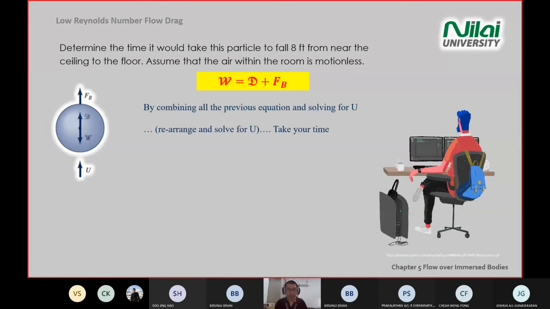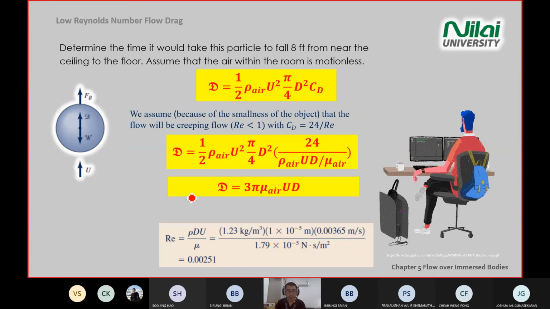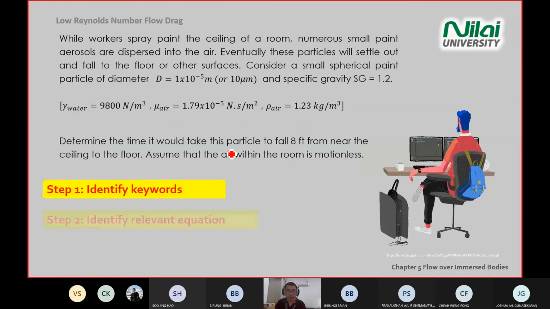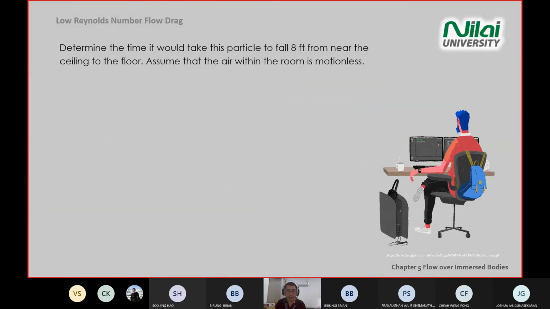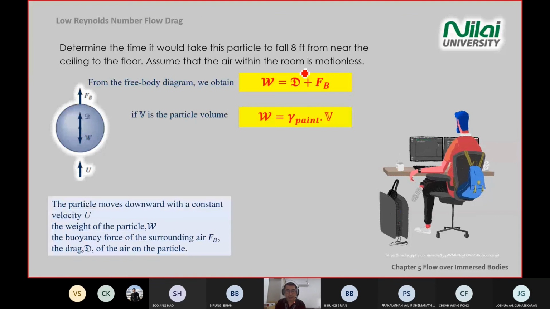Back to the question just now, you are able to find the u inside the question, because just now in this equation we have arranged and arrive at D equal to 3 pi mu a ud, right? And all the parameters we need for W, this one we already defined.